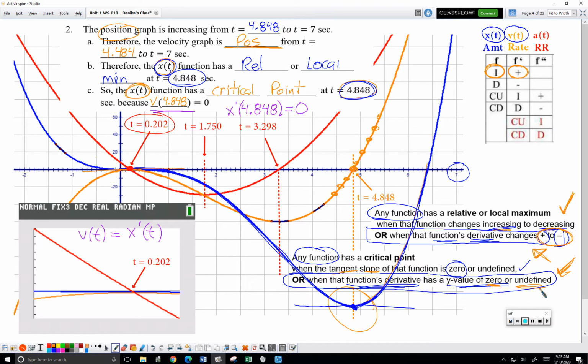An acceleration at a critical point? Yes. It would occur right here because this is the spot where the tangent slope of the acceleration is 0. So that's a critical point on the acceleration graph. If we were to go find the derivative of acceleration, for which we don't give a name in this class, we'd call it A prime, is one way to call that.